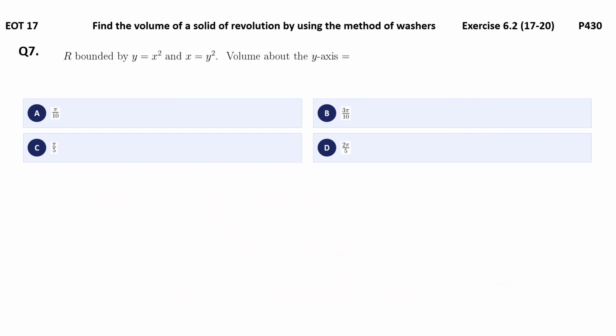Let's try out question number 7. It is about the y-axis, so both the expressions should be in terms of y. This expression, no worries, it is already in terms of y because you have y squared. But what about here? Here, when you are finding the value of x, it is nothing but root y. So now when you equate root y with y squared, you will identify that the values range from 0 to 1.